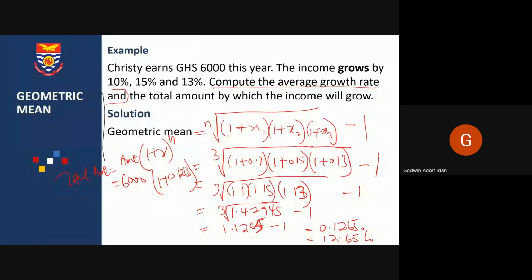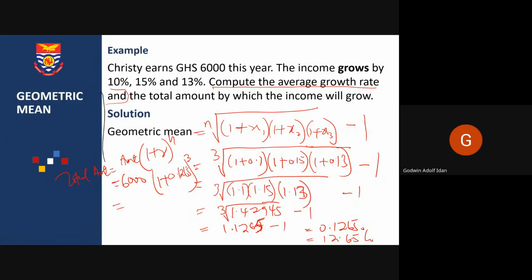Then we raise it to the power n. N is the number of years. Remember, the income is now growing year 1, 10%, year 2, 15, and then year 3, 13. So n is equal to 3. Then we are able to also get the amount. So we go by that formula, and we are able to compute as such.